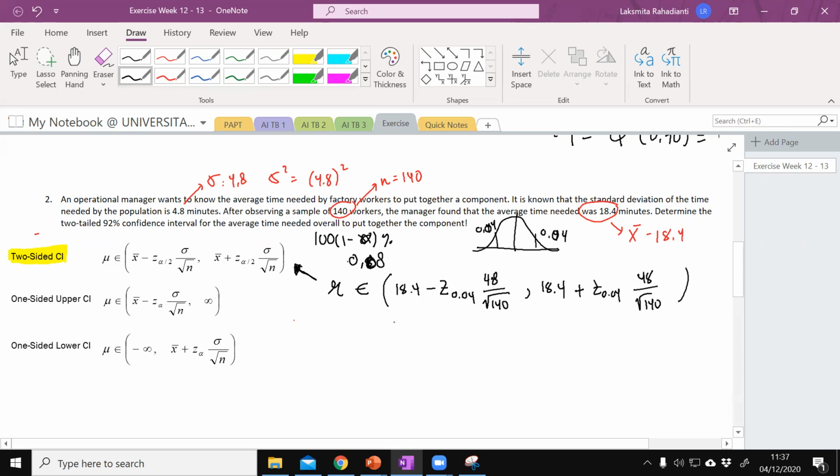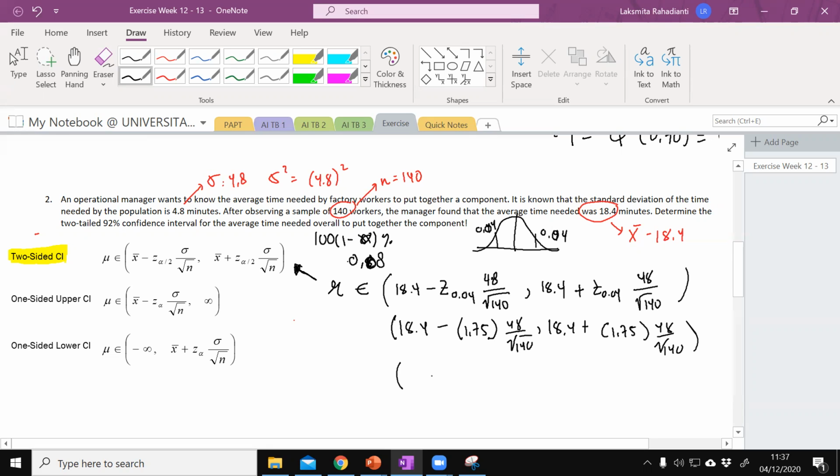So I'll put that in: 18.4 minus 1.75 times 4.8 and so forth. The other end is the same, it's only a plus. I've already pre-computed this. You can just compute it on your own if you want.